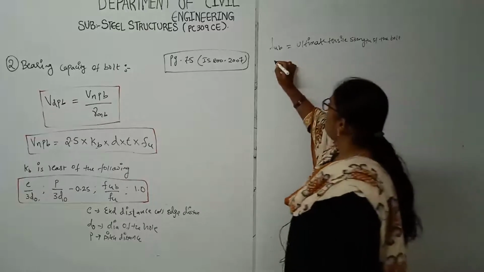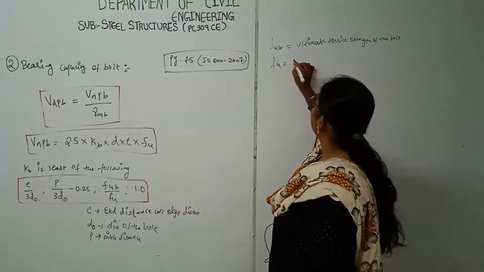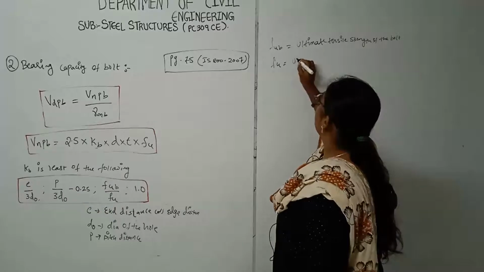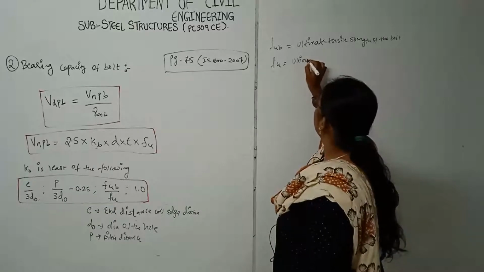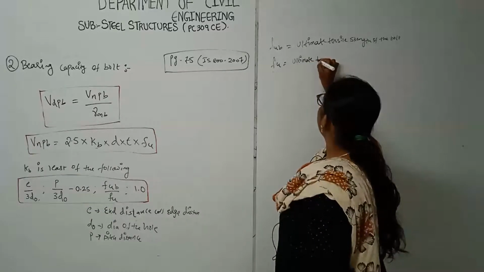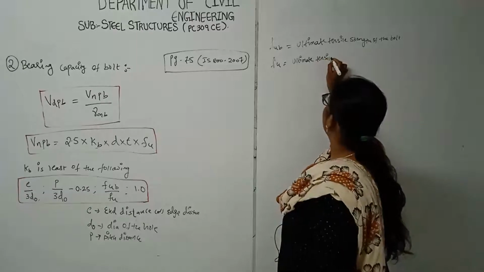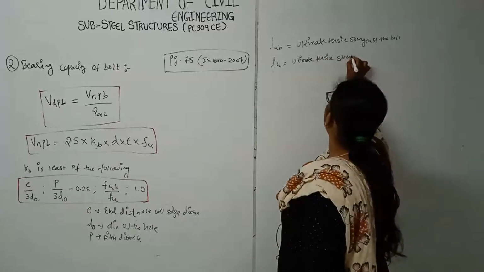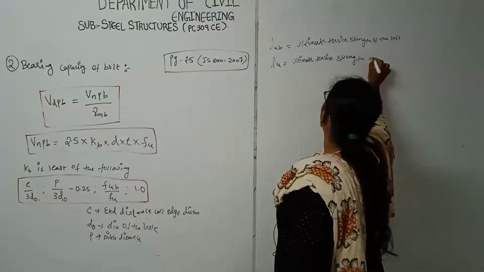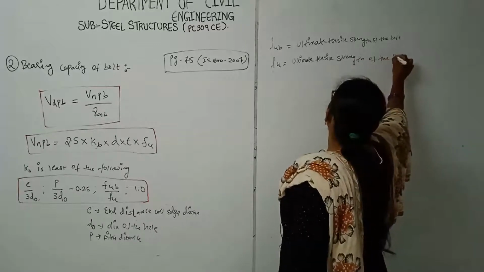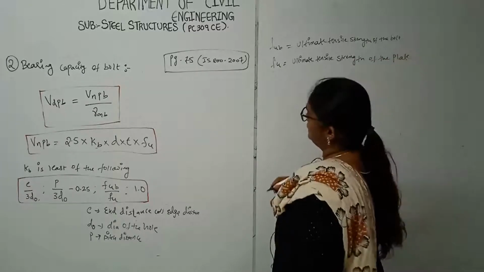So then what is f_u? f_u is the ultimate tensile strength of the plate.